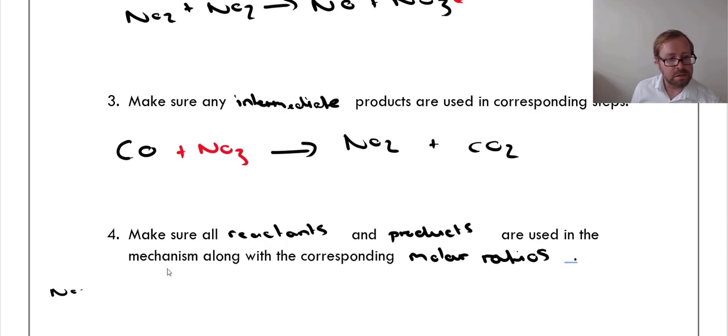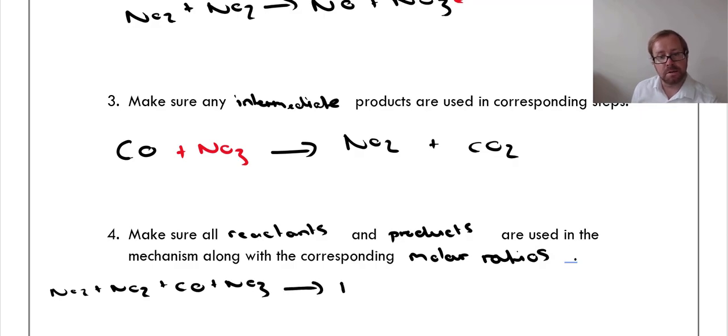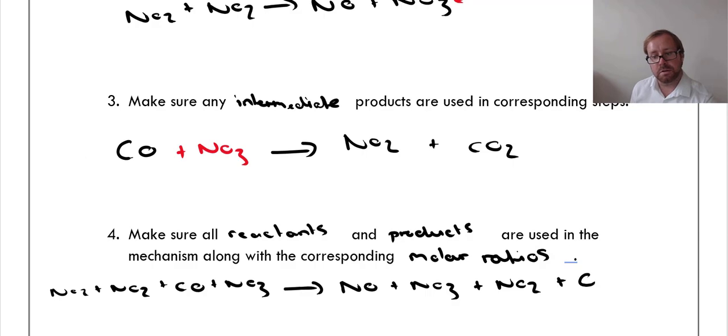My reactants are NO2 plus NO2. My other reactants down here are CO plus NO3. The products I form up here are NO plus NO3. My products I form here are NO2 plus CO2.